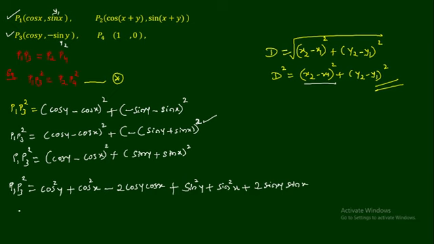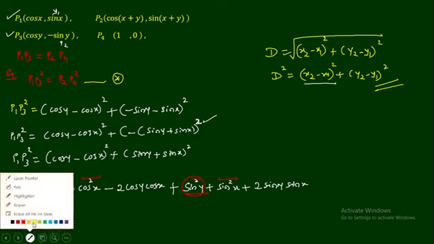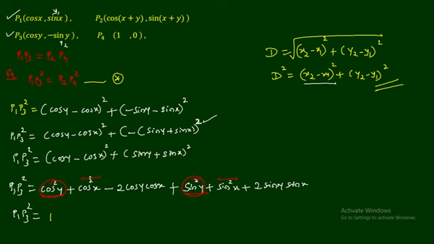Okay now, students? Next, very simple way, P1P3 square is equal to, highlight some important terms here. One is cos square y plus sin square y, and another one is cos square x plus sin square x. Cos square y plus sin square y is nothing but 1 from trigonometry. Then cos square x plus sin square x is again 1.